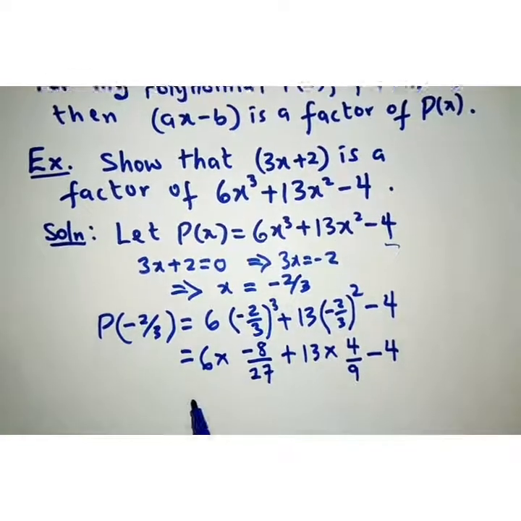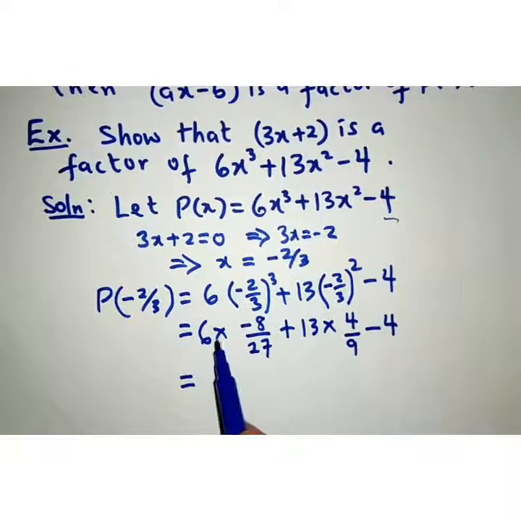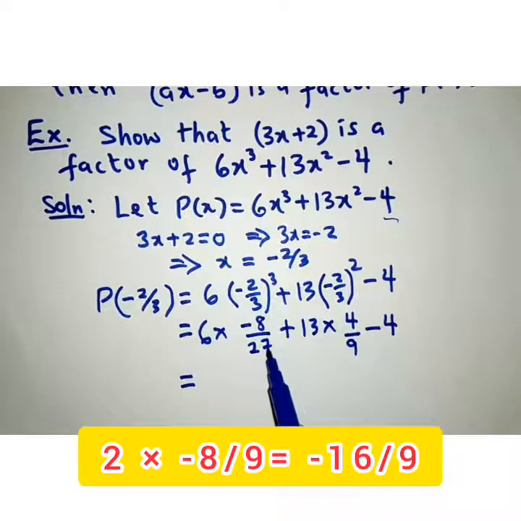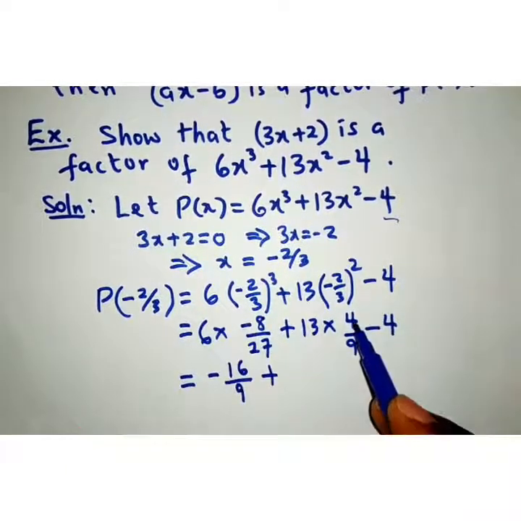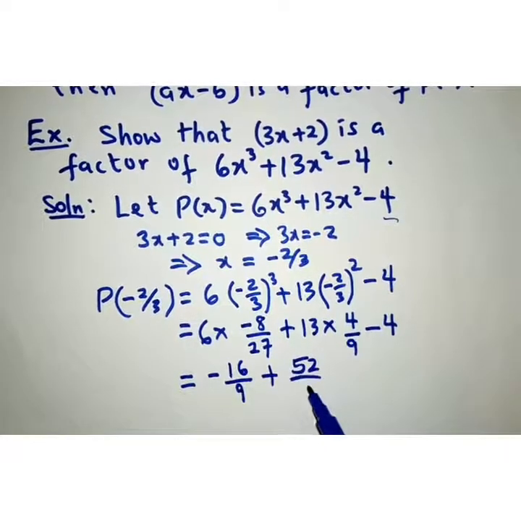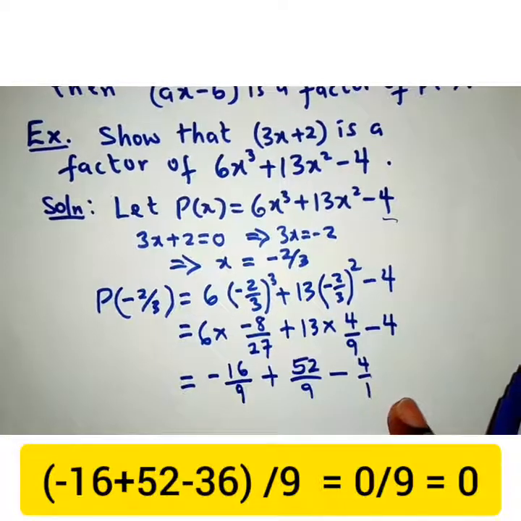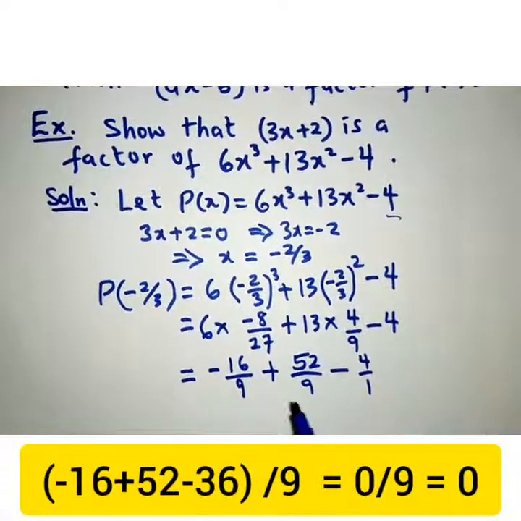And then we simplify: 3 in 6 gives us 2, 3 in 27 is 9, so 2 times minus 8 gives us minus 16 over 9, plus 13 times 4 is 52 over 9, minus 4 over 1. So if we do this arithmetic carefully, we'll get 0.